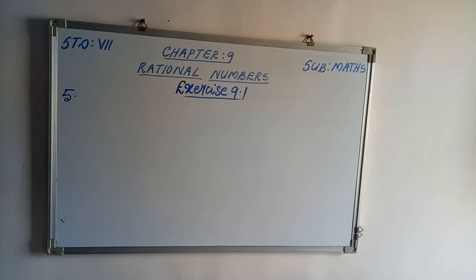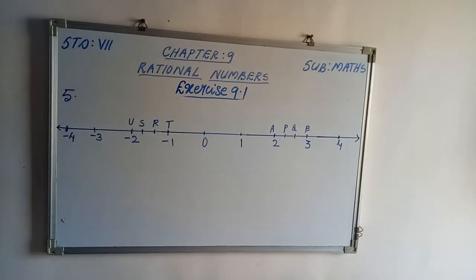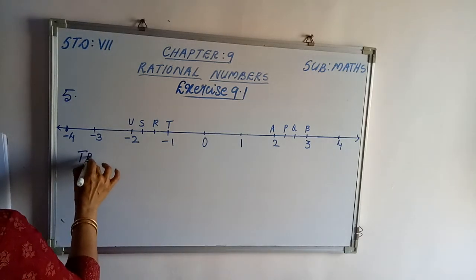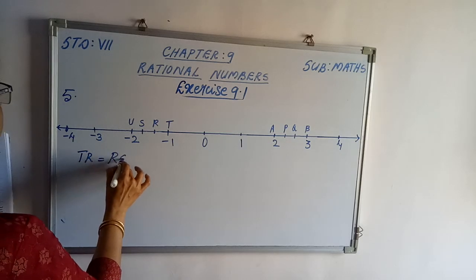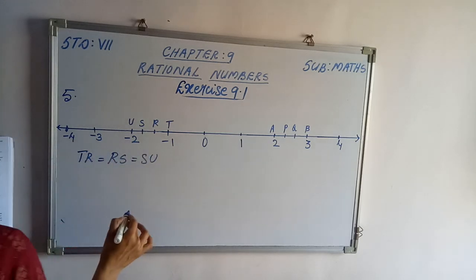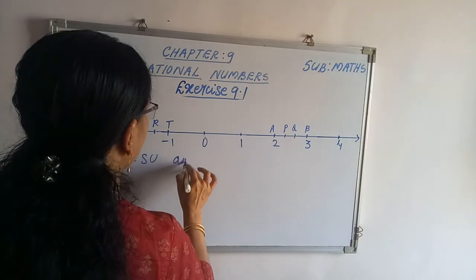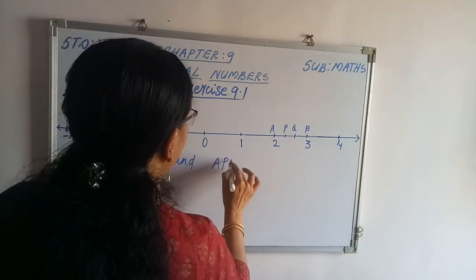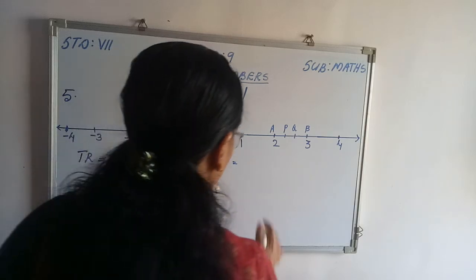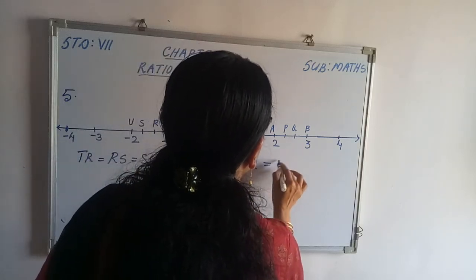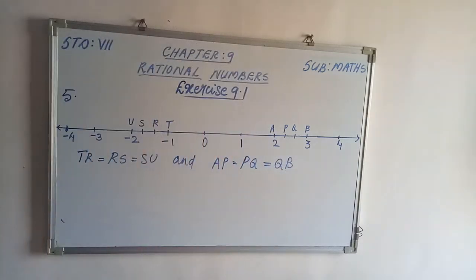Okay, now listen. Here I'll draw the number line. The number line is already drawn there. So what is given in the question? It is given that TR is equal to RS is equal to SU and AP is equal to PQ is equal to QB.